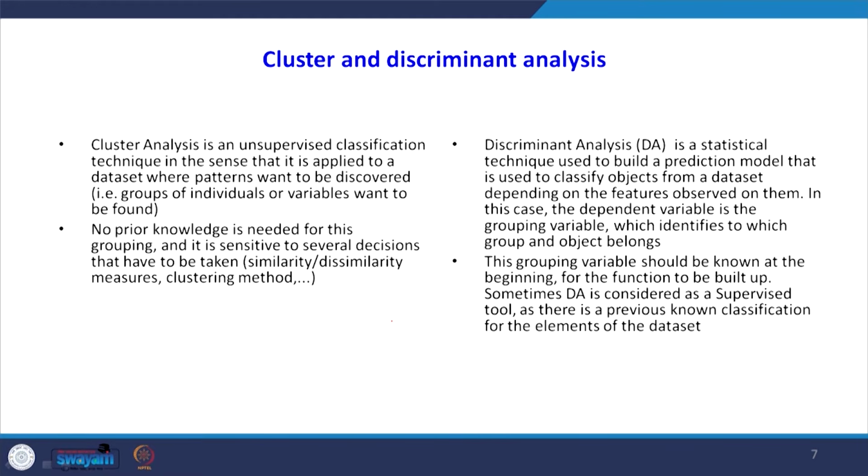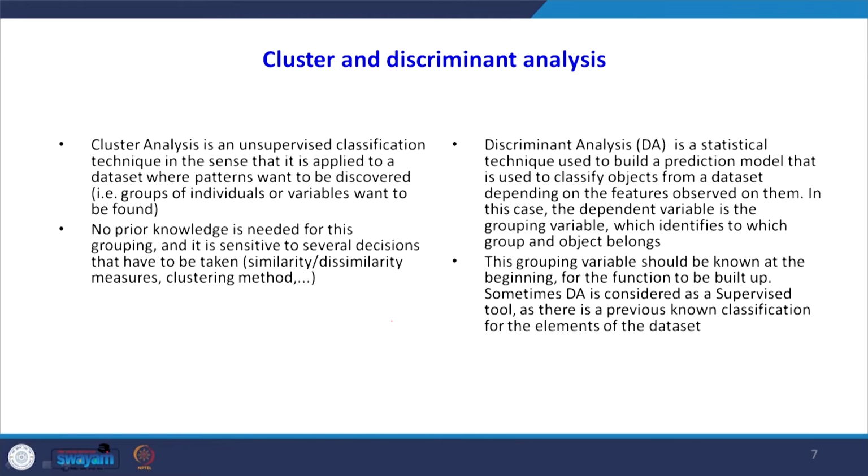Whereas discriminant analysis is a statistical technique used to build a prediction model that is used to classify objects from a data set depending on the features observed on them. In this case, the dependent variable is the grouping variable, which identifies to which group an object belongs.